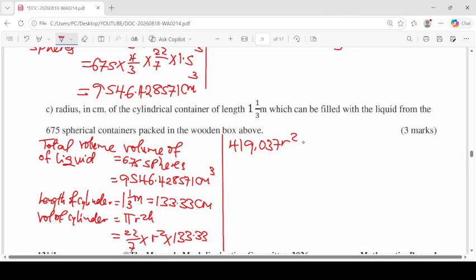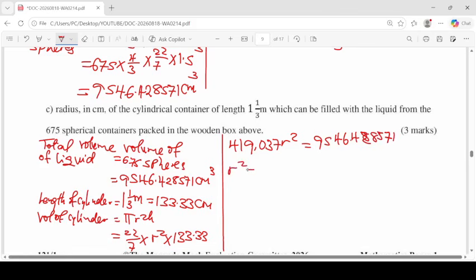This volume of the cylinder should be equal to the volume of the 675 spheres, which is 9546.428571.